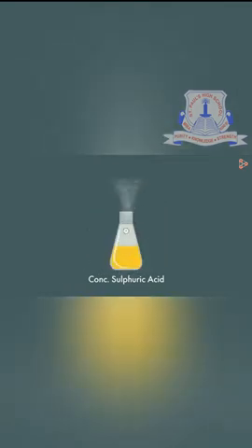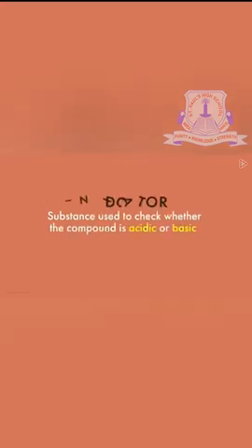Now we have taken concentrated sulfuric acid and we have to check whether it is an acid or not. So obviously we cannot drop it on our skin in order to check it. That is not the test for an acid. So what else is a test for an acid? In order to test, we have substances which can tell us whether a compound is acidic or a base.